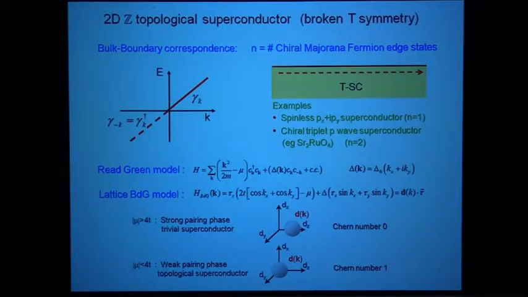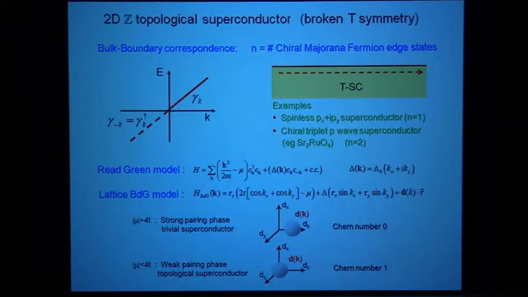Okay, and so here clearly it doesn't wrap around the sphere, whereas in the weak pairing phase, when mu is close to zero, then it does wrap around the sphere. Okay, and so the Chern number of this Bogoliubov-de Gennes Hamiltonian is 1 in this case.